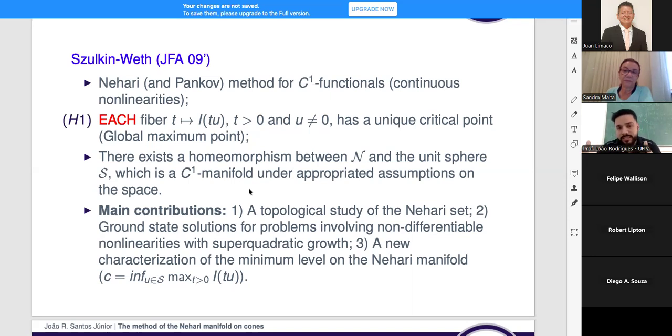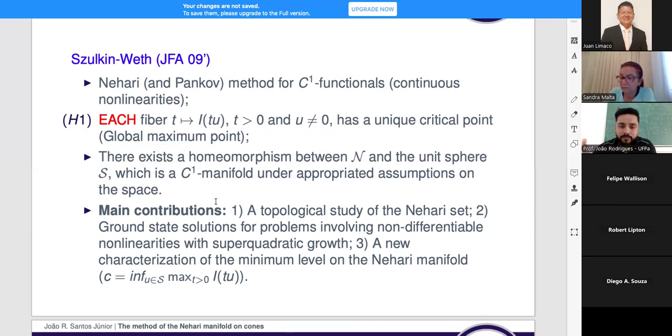In this case, since the functional is only of C1 class, your Nehari set does not have a differentiable structure. But if you have this assumption (H1), you can prove that the Nehari manifold, the Nehari set, is homeomorphic to the unit sphere of the Banach space.